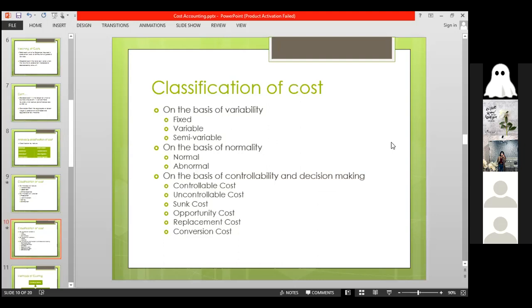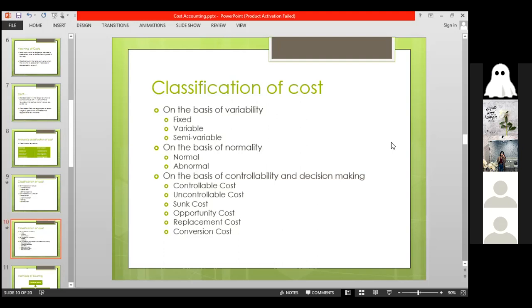Then on the basis of normality, normal and abnormal expenses. What they mean here is normal expenses are expenses that were expected. If something was expected, this money will be spent or this cost will be required, then that is a normal cost.